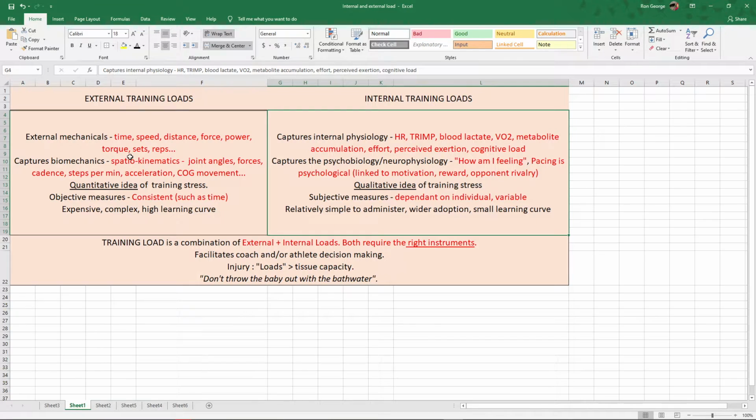As opposed to external training loads, it gives you a qualitative idea, a description of how the workout went. People like to describe their workouts in different, very colorful ways. And so it's a qualitative idea, and it's a subjective measure. So give the same workout to two individuals, and they might come out describing it in two different ways.